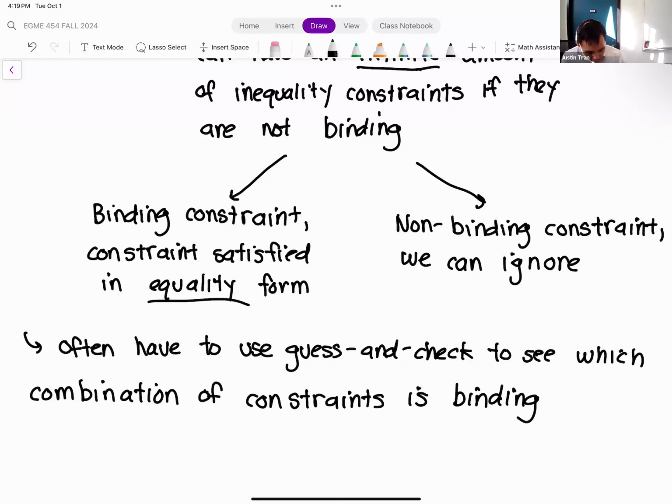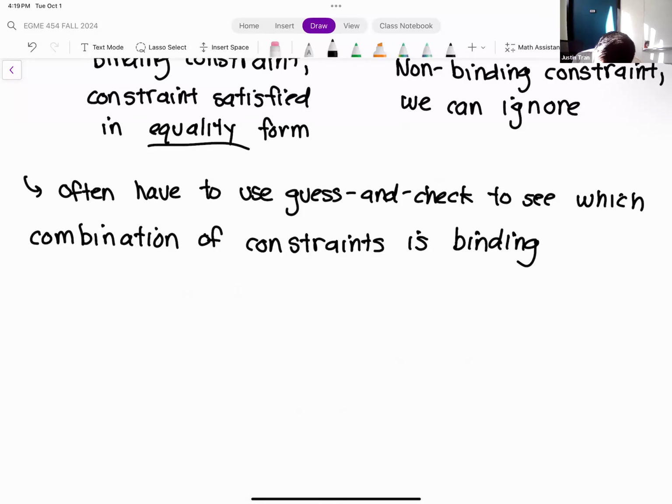All right, so let's do one more example of this. In this example, let's pretend that we're working for a manufacturing firm, and this firm is responsible for manufacturing refrigerators.